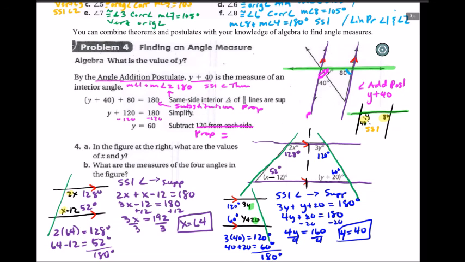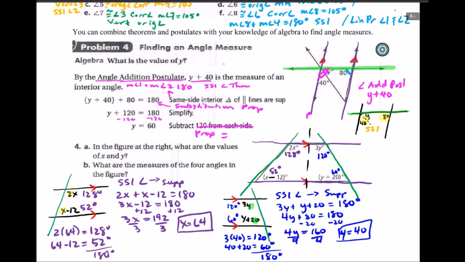Three of them are congruent, and same side interior is supplementary. And don't forget that we have our already special angle pairs, vertical angles and linear pairs, which are congruent and supplementary respectively. So lots of good stuff when you have parallel lines being cut by a transversal.